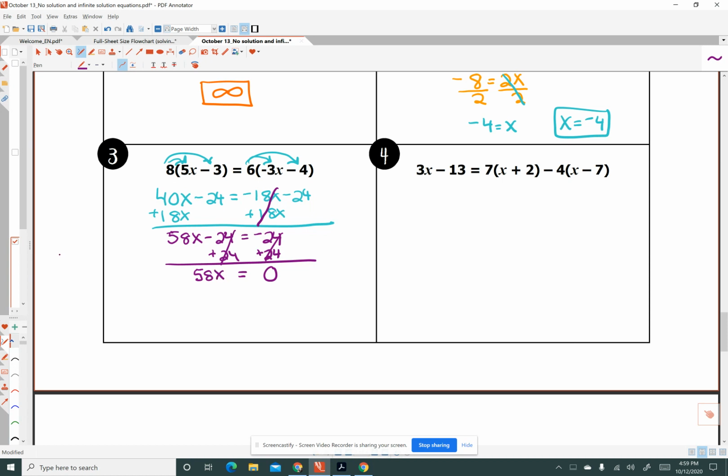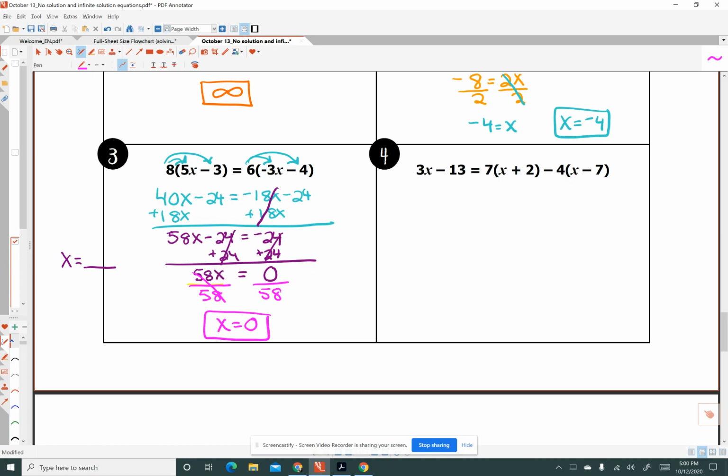Now remember, I'm looking for x equals a number here. I have not yet isolated x. So, let's not do yellow. It won't show up very well. So I'll divide both sides of the equation by 58, which will give me x equals 0 divided by 58, which is always 0.